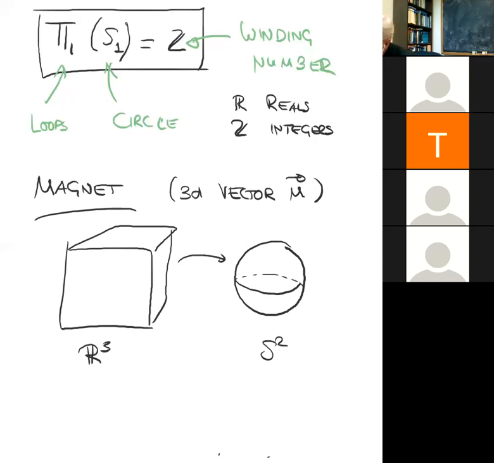And this is my mapping: the magnetization as a function of x. Again, it's maybe not a priori obvious what kind of defects I can have here. Maybe they're point-like defects, maybe they're line-like defects. We'll eventually encounter wall-like defects.